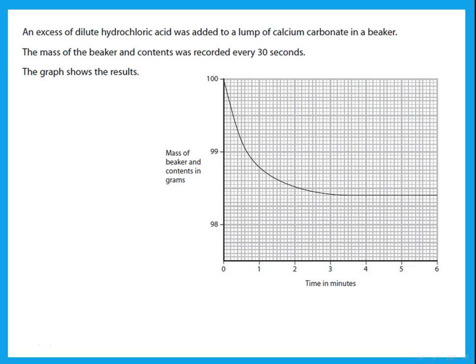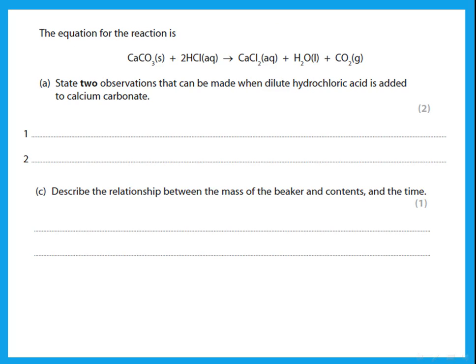And we said since a gas is being given off, then the mass will gradually decrease until all the calcium carbonate, for example, has been used up, and then no more gas is given off and the graph becomes flat.